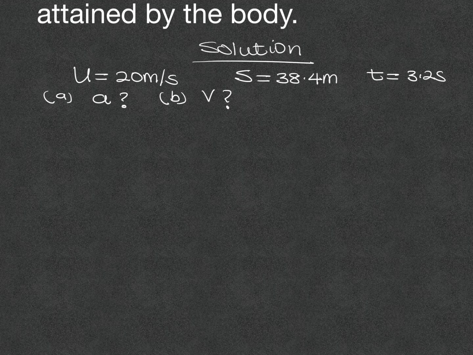So if we should answer the question, first we need to know the acceleration. If you have u, s, and t, how can you calculate the acceleration? Well, the formula to use is s is equal to ut plus half at squared.